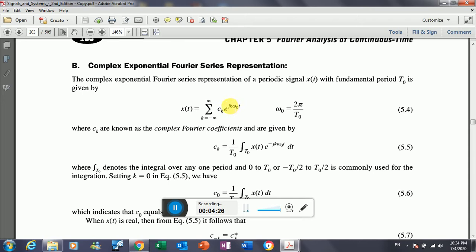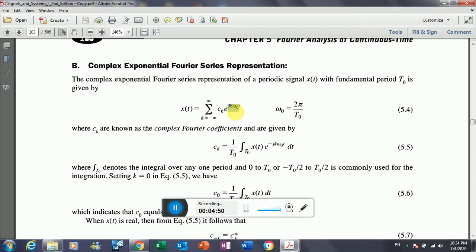If we compare this periodic signal with this fundamental periodic signal which we studied before, we can easily observe that we have added a k constant here in this power.